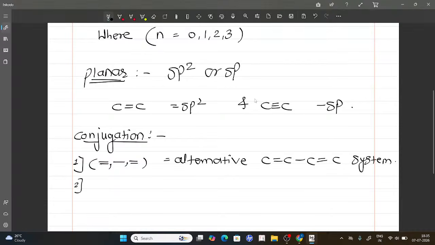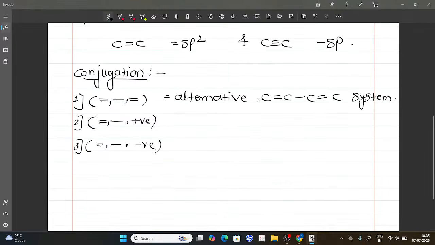The second way of conjugation is if our compound has alternate carbon-carbon double bond, single bond and a positive charge, then it can also show conjugation. The third way is if the compound has carbon-carbon double bond, single bond and a negative charge, it can also show conjugation.